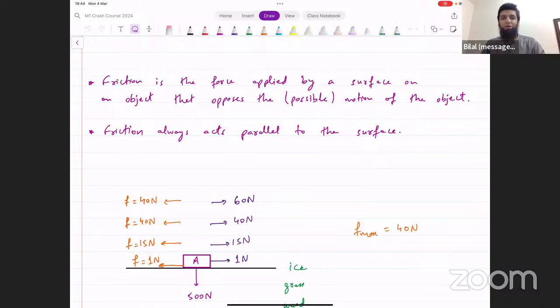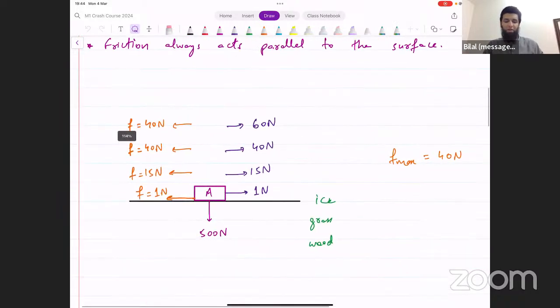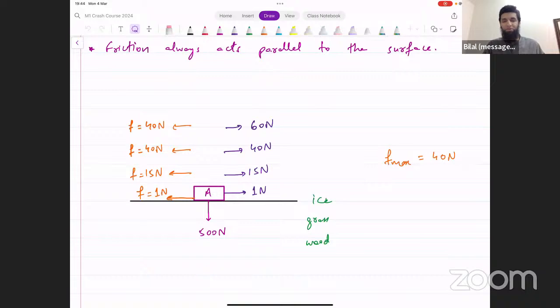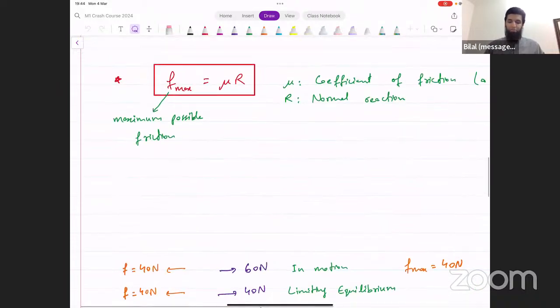Now, it always acts parallel to the surface. Remember normal reaction always used to act perpendicular to the surface. Friction, on the other hand, acts parallel to the surface. We did some examples here. We said that friction always has a maximum value, which depends on two things, mu and R. What's mu?